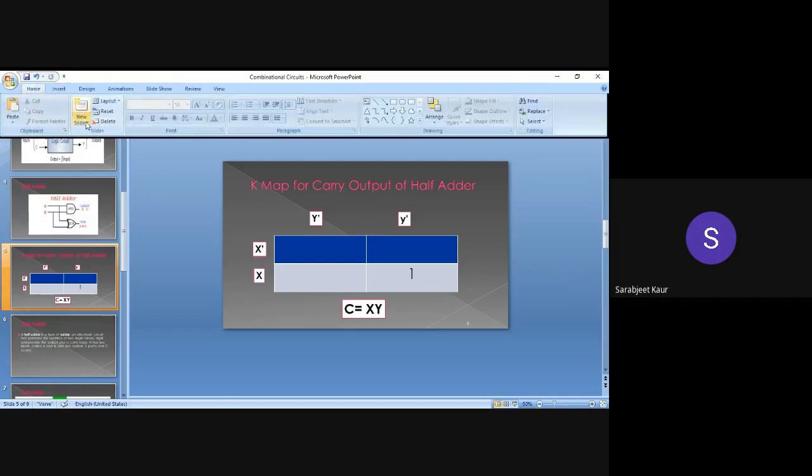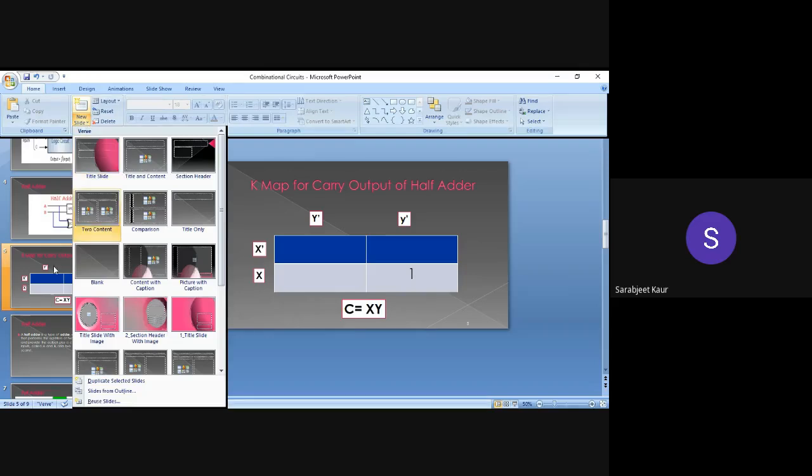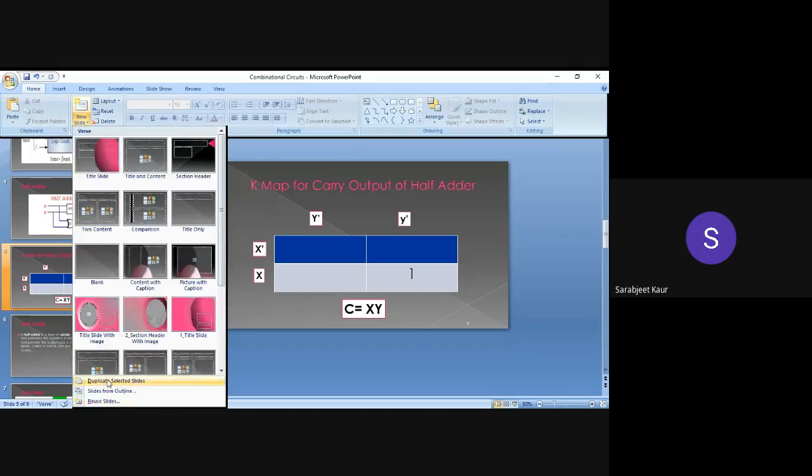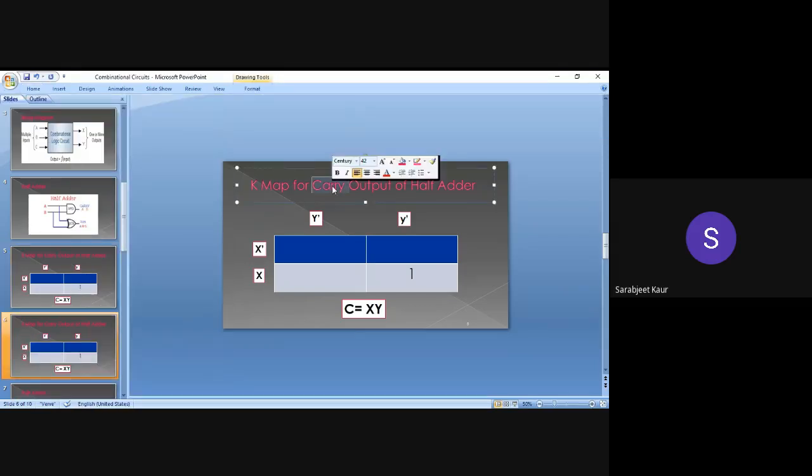Now let us derive the Boolean expression for the sum. Ma'am, it should be y dash and y. Yeah, whatever is written, sorry, I forgot to edit.